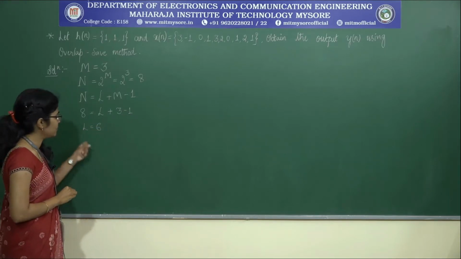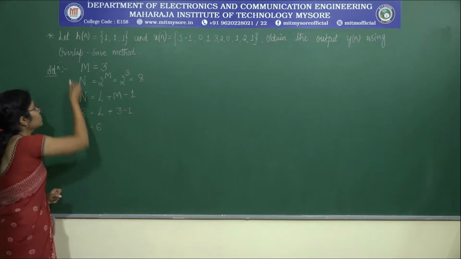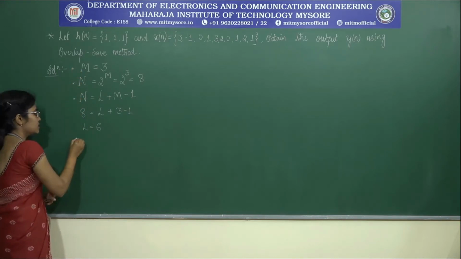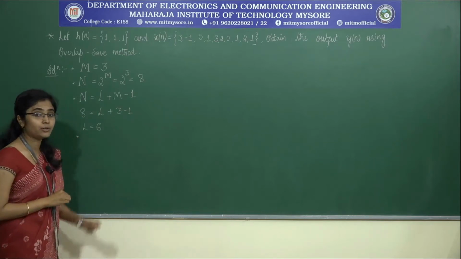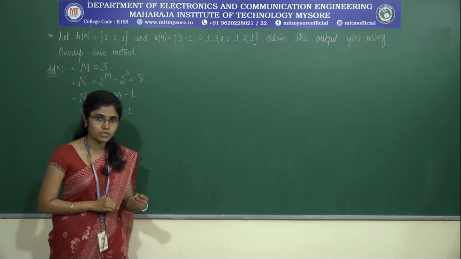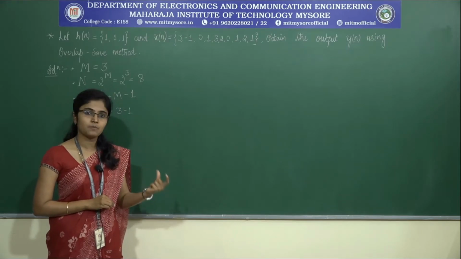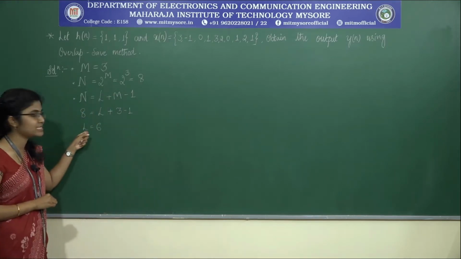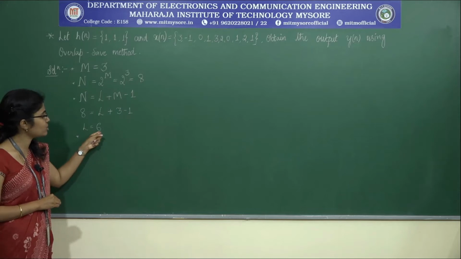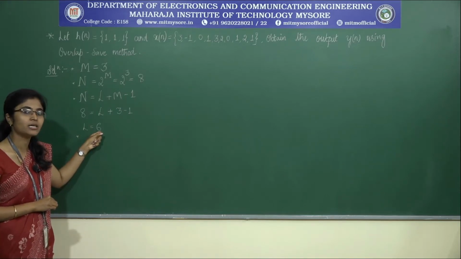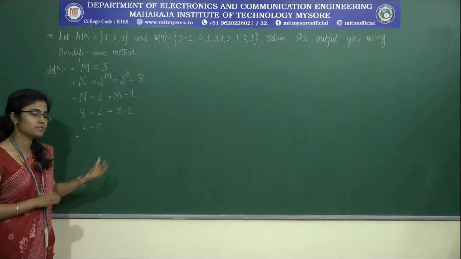This is my first, second, third step. In the next step, I need to divide the input sequence into subsequences such that each subsequence contains L samples. The value of L here is 6, so each subsequence will have 6 samples.